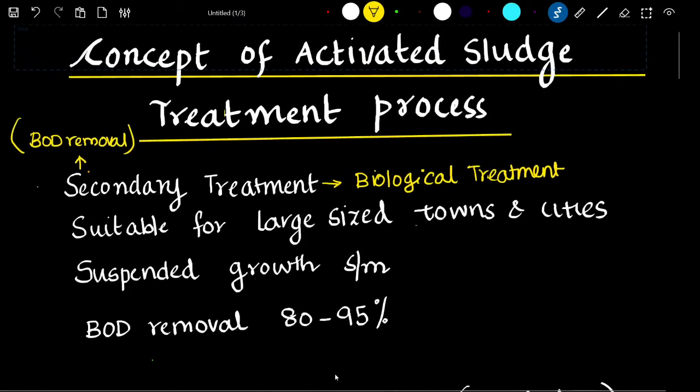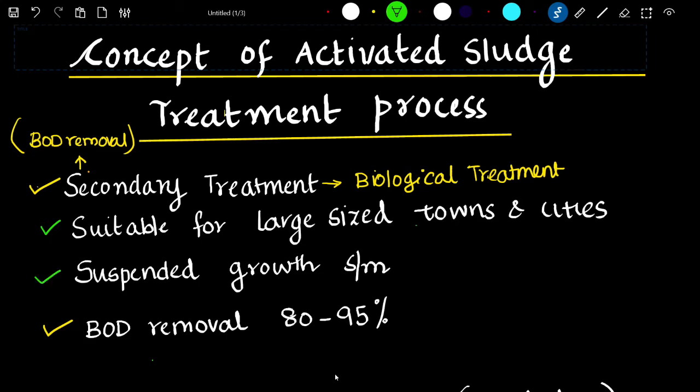So here it is a biological treatment, that is, bacteria are being used, and BOD removal is taking place. So how much percentage removal is happening? About 80 to 95% of BOD removal occurs in an activated sludge treatment process. This particular treatment system is suitable for large sized towns and cities, and you can say this is an example of a suspended growth system.